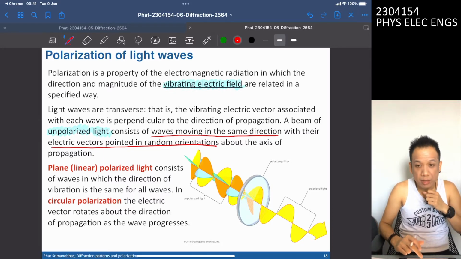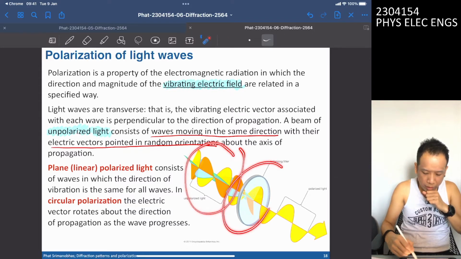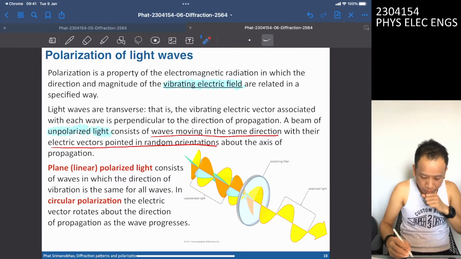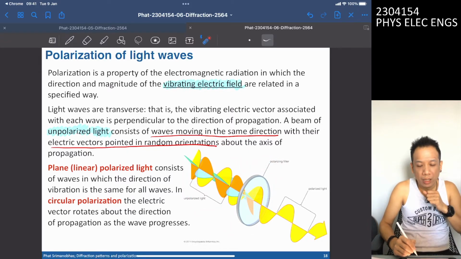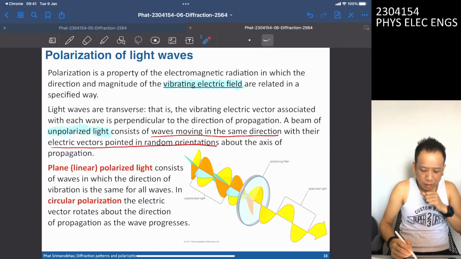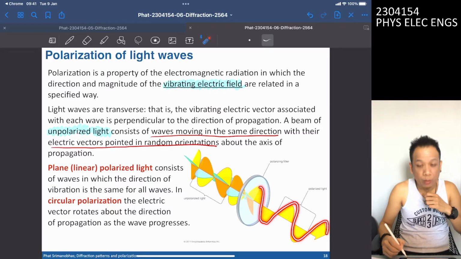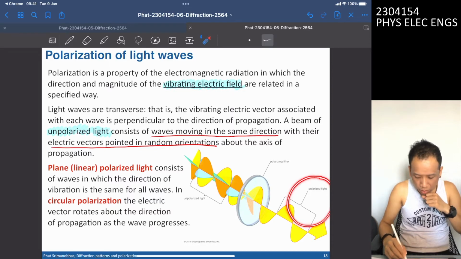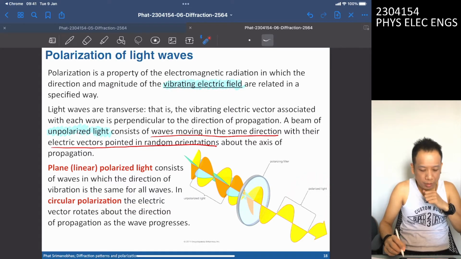In the figure, the unpolarized light passes the polarizing filter. The polarizing filter absorbs the directions of polarization which are not aligned with the axis. We can discuss this later. Then it selects just one direction out. This is called polarized light, a plane linear polarized light.